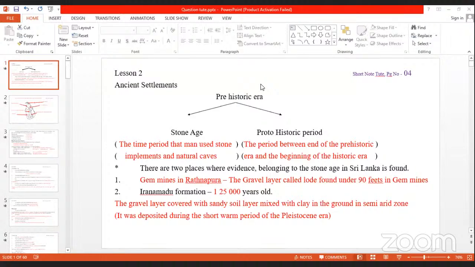Out of these 6 questions, 2 questions we will be discussing, and I'm just going to give you the possible questions for the exam, and a short note regarding 2 lessons, the second and third lessons of grade 10.